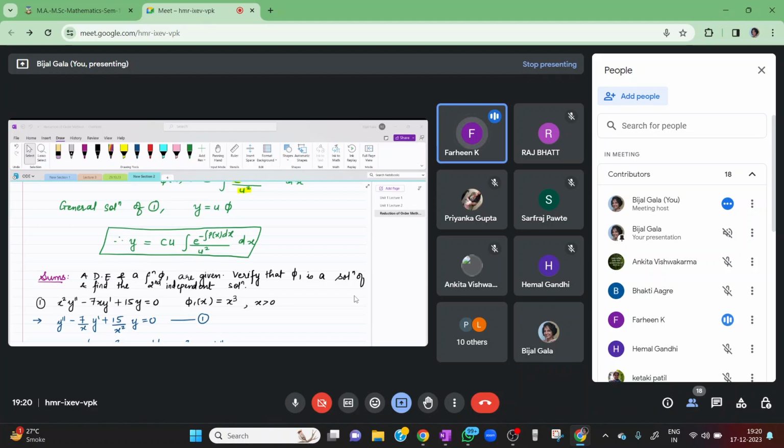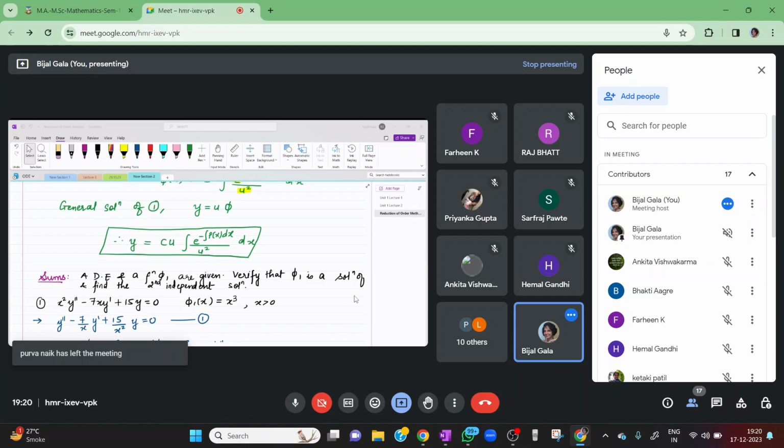Cx raised to 6 upon 3. Is it cx raised to 6 by 3, or is it x raised to 5, Parin? Anyone else?